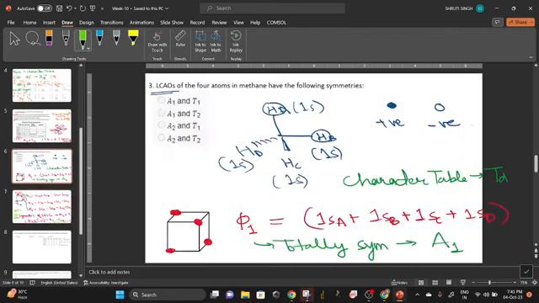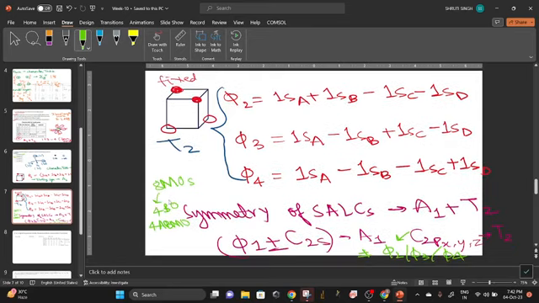Okay, so here the answer will be T2, not T1. A1 plus T2. This is the correct answer, not this. Not sure why T1 is not the answer. Okay.